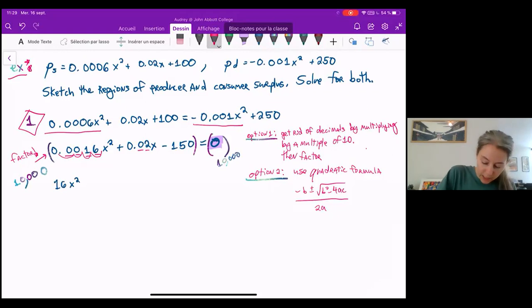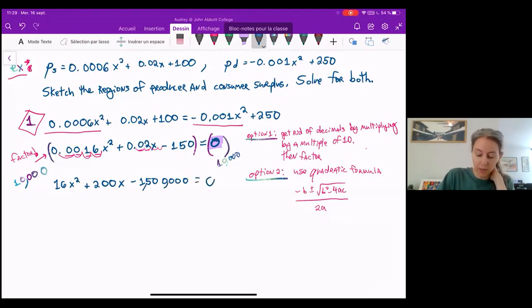I'm also moving this decimal 4 places to the right, which means I'm going to have a 200 in the middle here, plus 200x, and then minus 150. I've also got to move the decimal 4 places to the right here, which means I have 4 extra zeros, and it becomes 1,500,000.